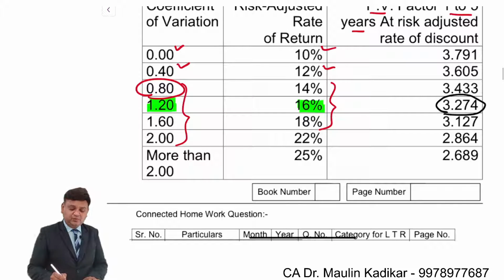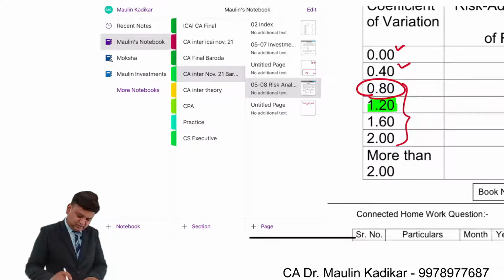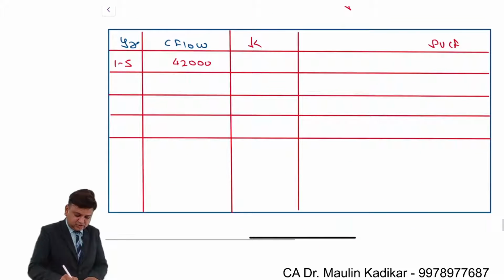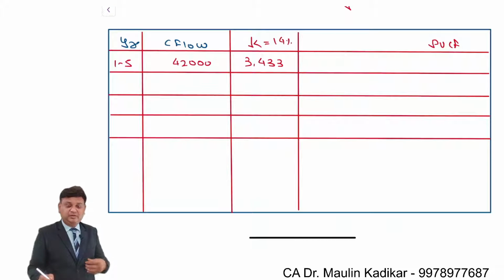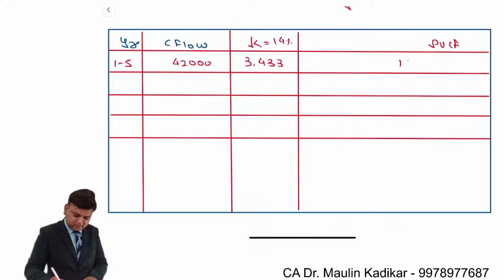If the CV is 0.8, the required rate of return is 14% and the annuity factor is 3.433. So this is 14% and this is 3.433, into 42,000 is 144,186. So this is the present value of the cash inflow.